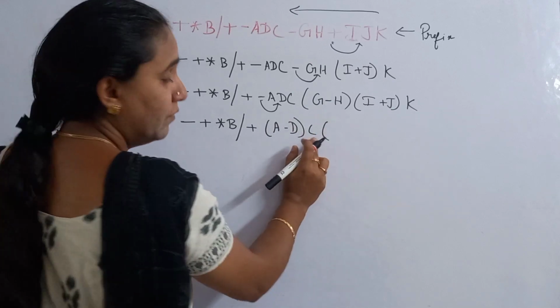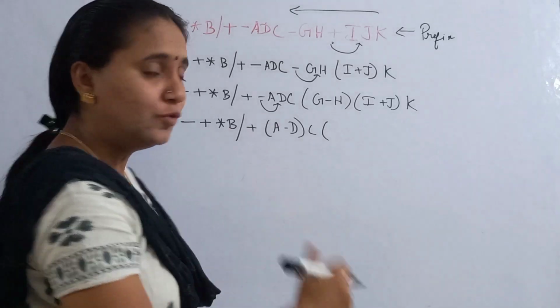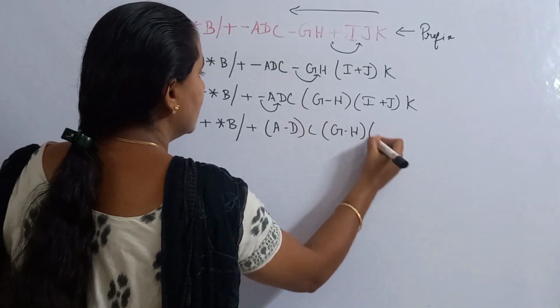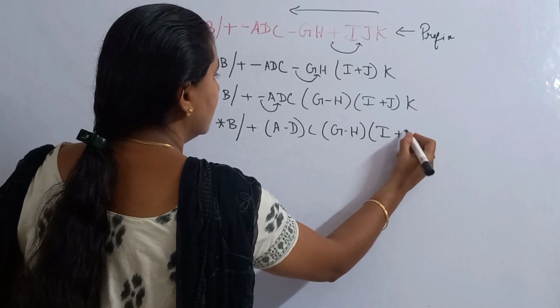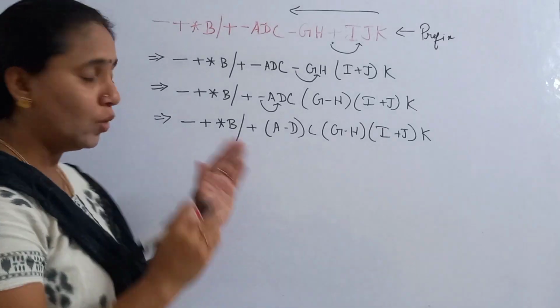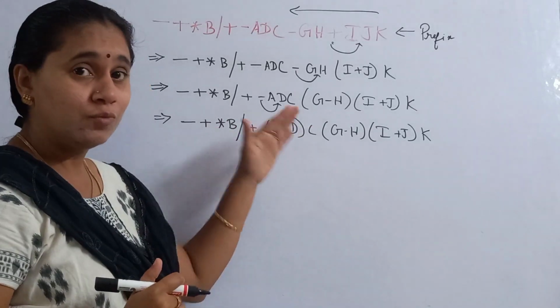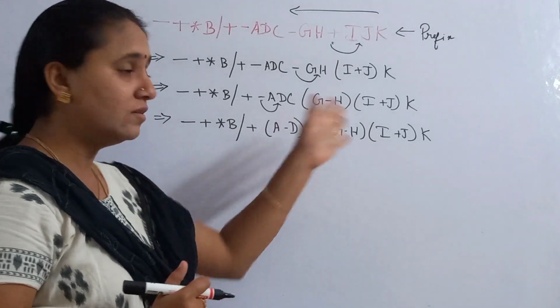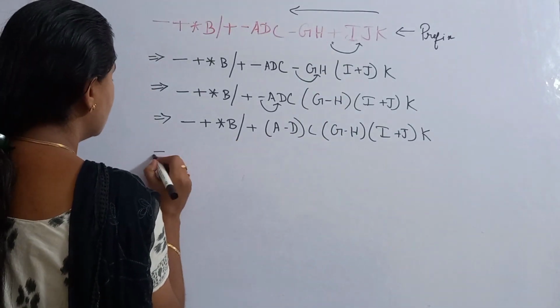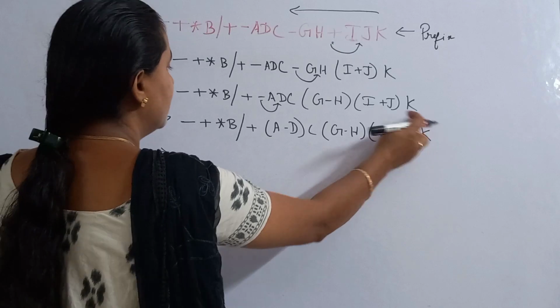This is the left out expression which we are going to solve in the future. Keep it as it is: g minus h, i plus j into k. Friends, are you all clear? Can you follow my way of writing the steps? Now we will proceed. The next step is to start to search from right.